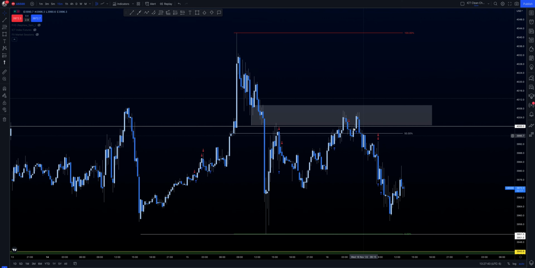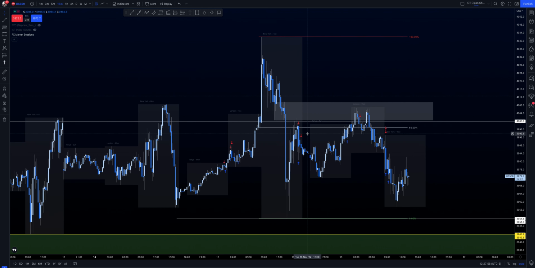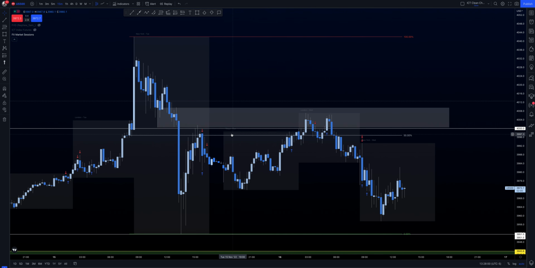And then when I saw this unfolding, I'd got this as the draw on liquidity, and this one here. So what I want to do is market sessions. So you won't be able to read it, but this box here, in fact, hide all this.